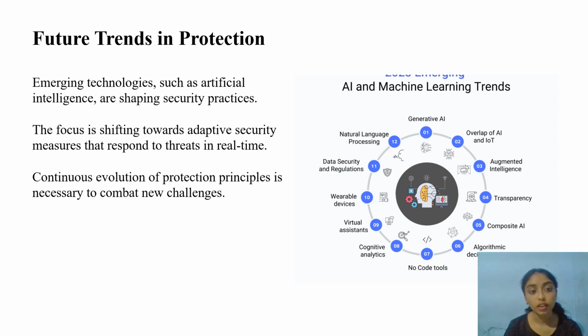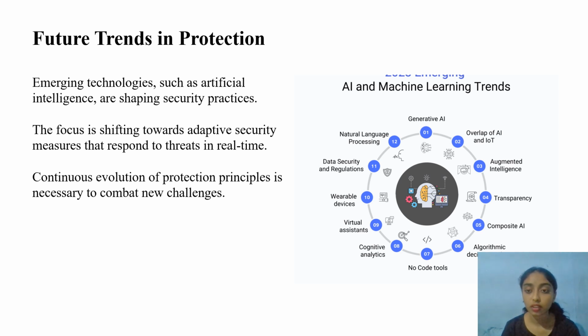Future trends in protection. Emerging technologies such as artificial intelligence are shaping security practices. The focus is shifting towards adaptive security measures that respond to threats in real time. Continuous evolution of the protection principles is necessary to combat new challenges.